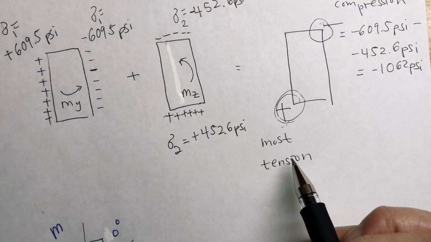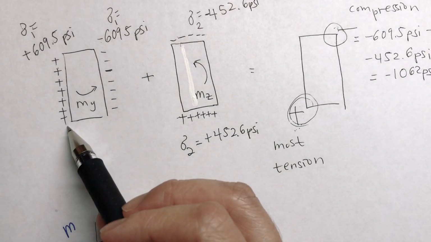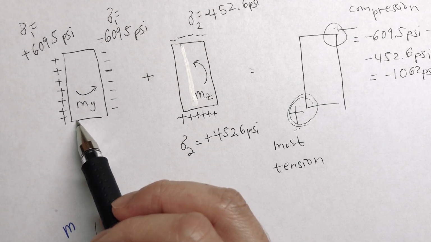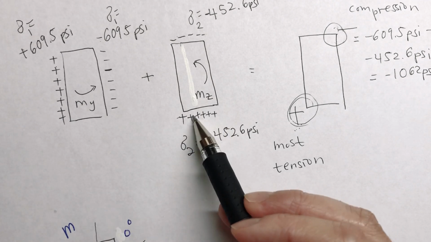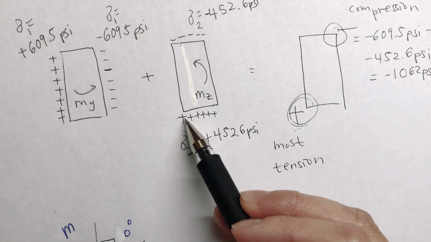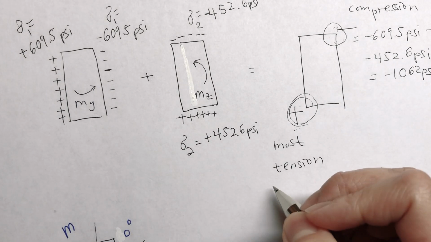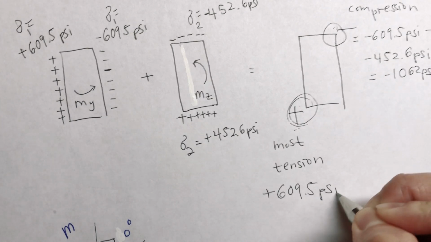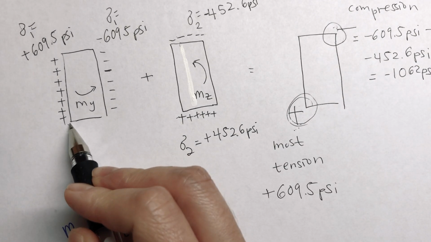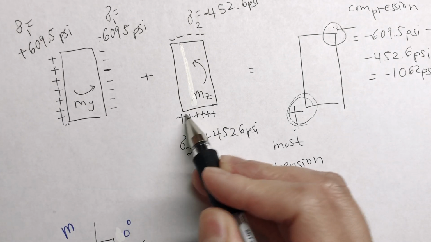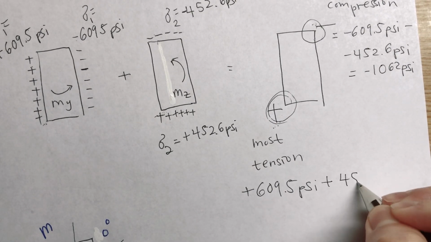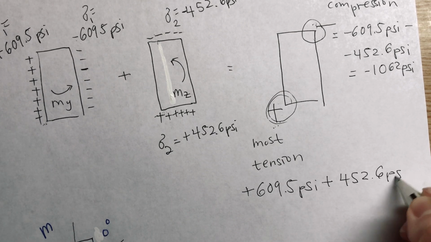Here, it's going to be the stress caused by the moment about the y-axis plus the stress caused by the moment about the z-axis. So it's positive 609.5 psi, the stress caused by this moment, plus 452.6 psi, the stress caused by this moment.